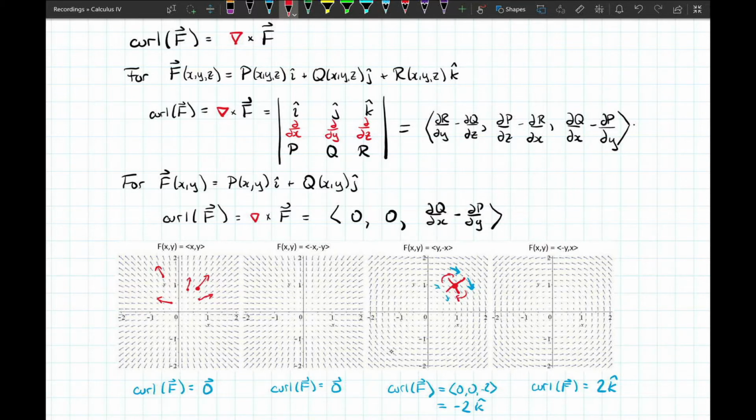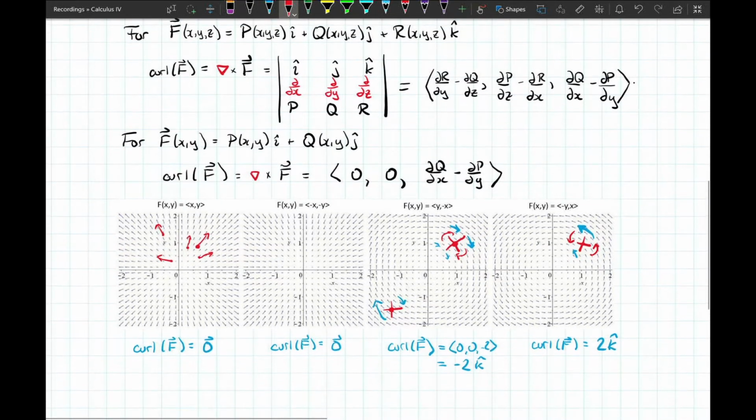And that paddle can be placed at any other position, and we can still see the same clockwise behavior. Whereas in the case where curl equaled positive 2k, by placing a spinner at any location, we will have stronger flow away from the origin, weaker flow closer to the origin, and that will result in a counterclockwise spin.